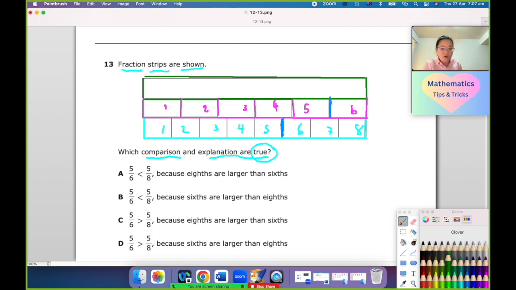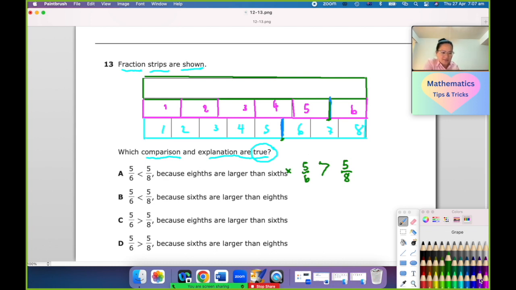It's not true, because 5 out of 6 is in here, you can see that it's greater than 5 out of 8. So this one is not true.